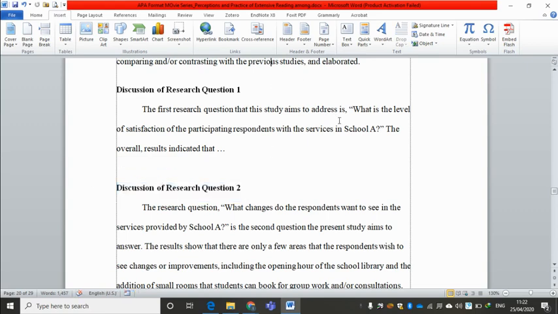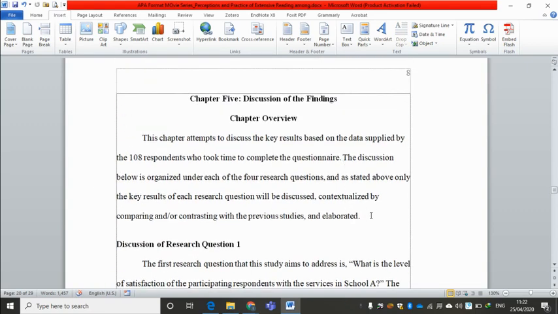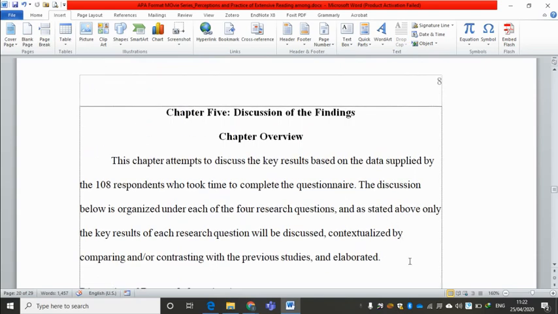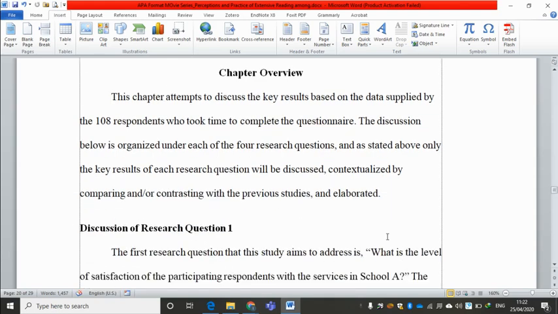So let me read the paragraphs for you. Again, I made this up in order to demonstrate, but my real research study is going to be similar to this one. So, chapter 5, discussions of the results. Chapter overview.